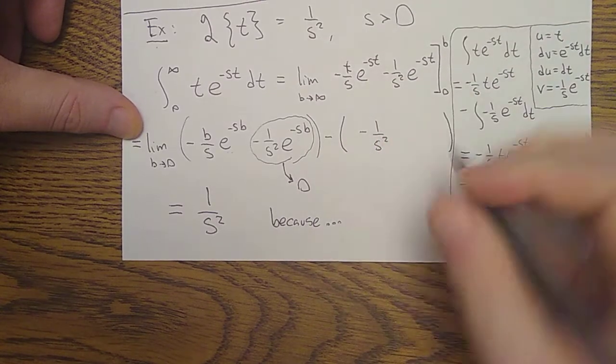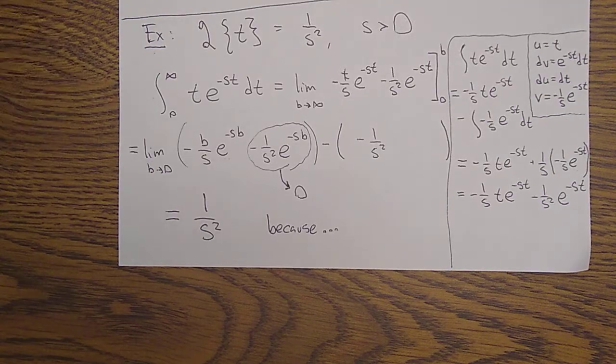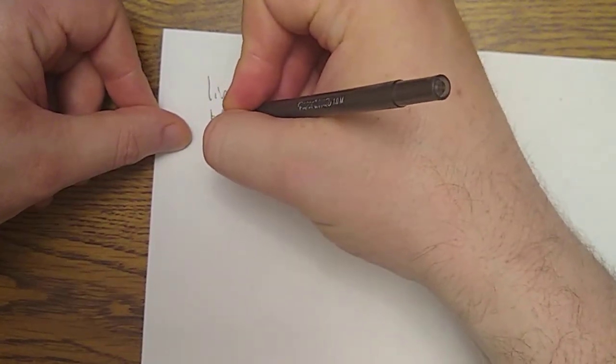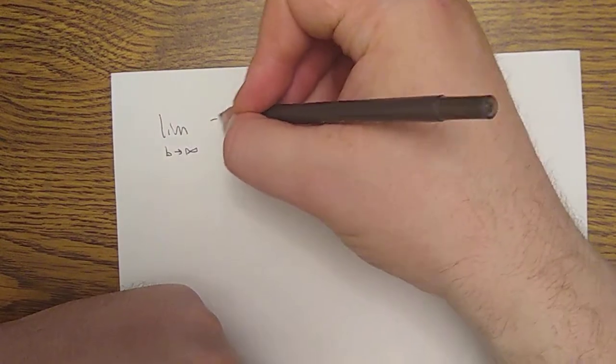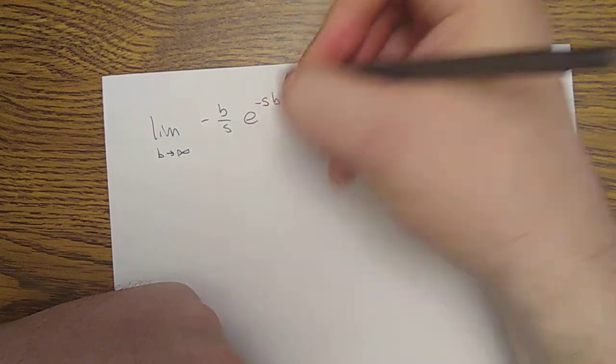So I'm telling you what the final answer we're going to get is, but I'm acknowledging that it is not entirely justified yet, because all that's left is showing that this goes to 0. Negative b over s e to the negative sb.